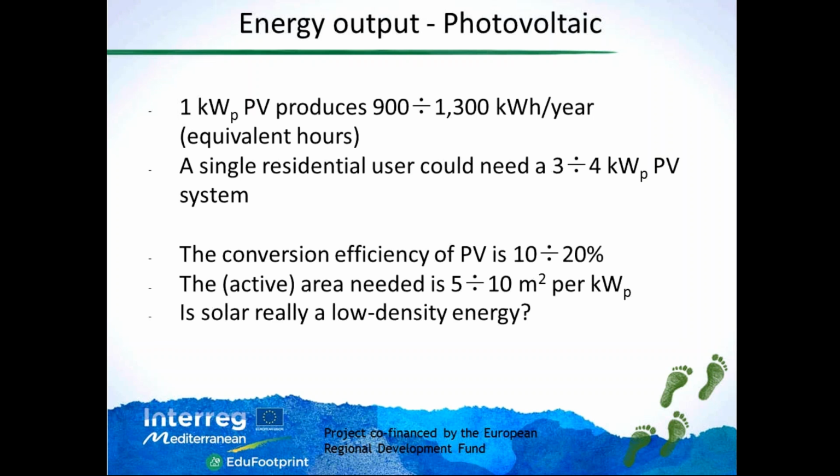What does this mean from a user point of view? So, of course, you should look at your bill, but if we talk, for instance, about a single residential user, which could have a consumption of about 3,000, 4,000 kilowatt hours per year of electricity, then to cover all of its electricity needs through photovoltaic, this user would need a 3-4 kilowatt photovoltaic system.